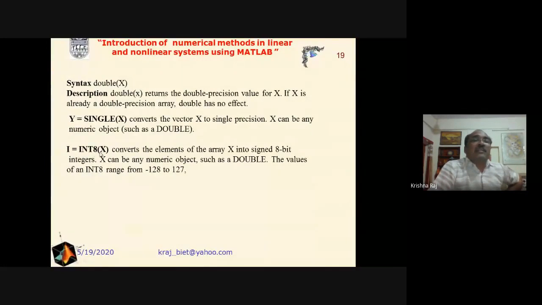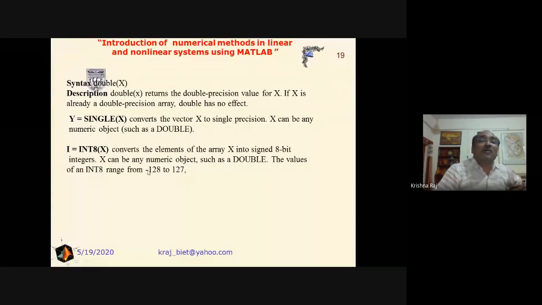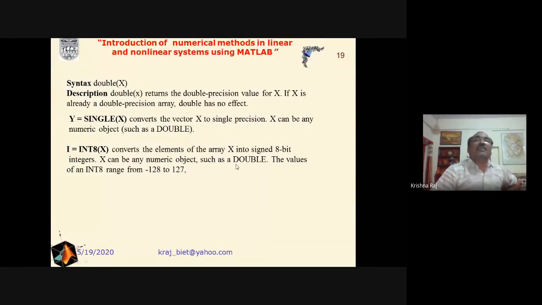int8(x), when we write this type of command, means we are using here the signed integer of 8 bits, and naturally we can derive here the range, and it is a tutorial problem for us that we have to decide how minus 128 to 127 becomes the range in the 8-bit signed representation, and we will discuss it in the next class here.